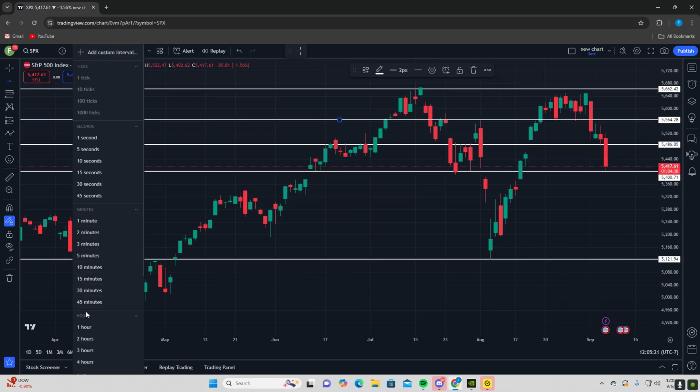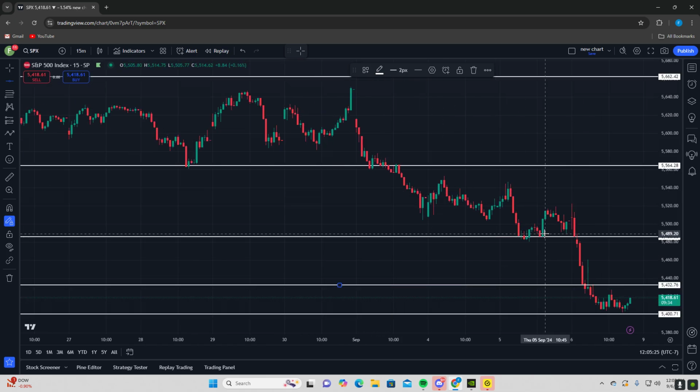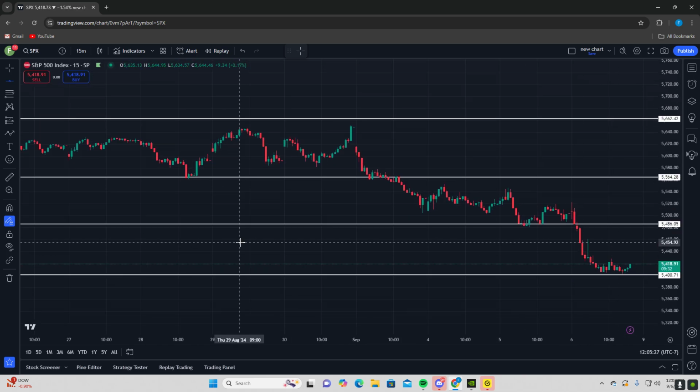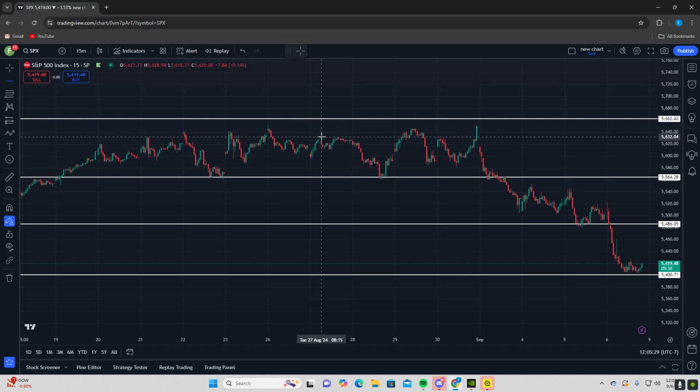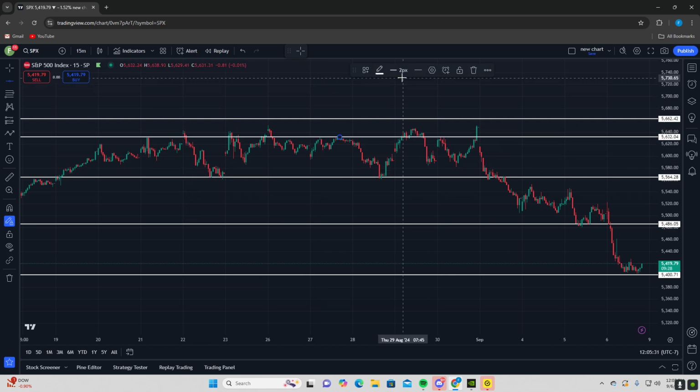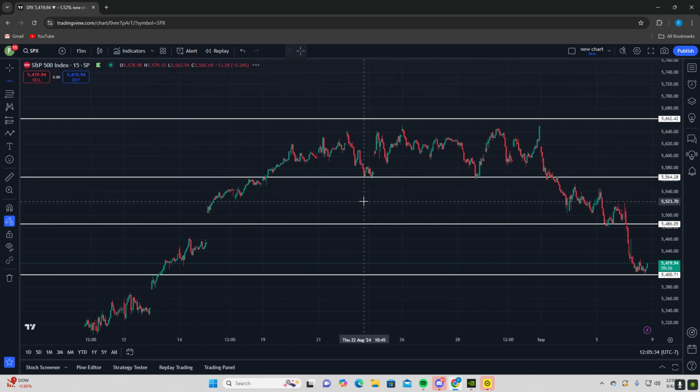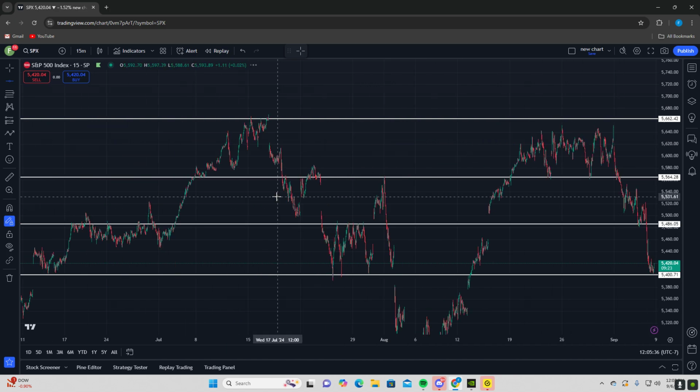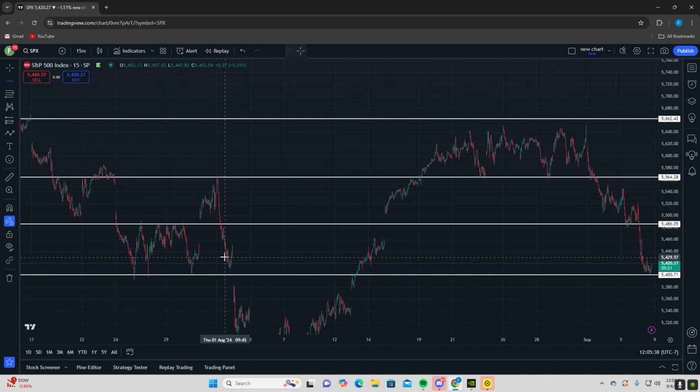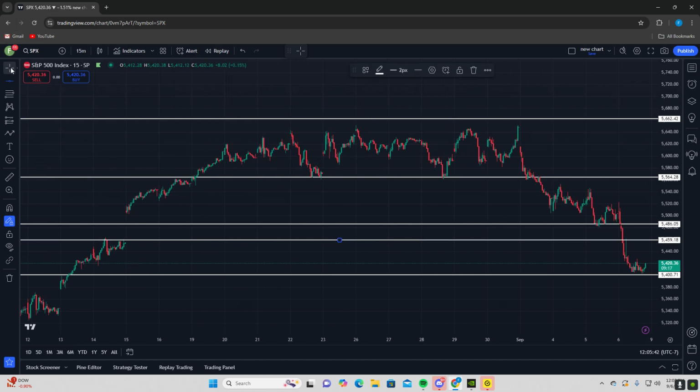Switch onto smaller time frames. That was a mistake. I would have marked that. But yeah, basically have some levels to play with.